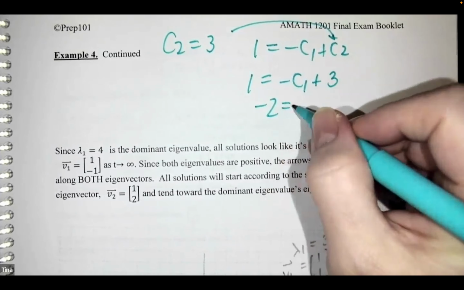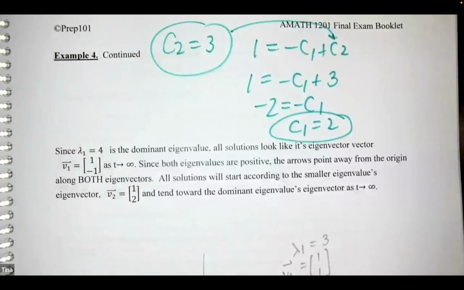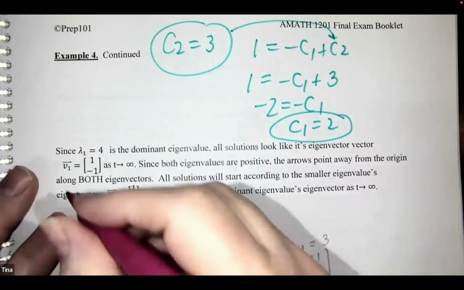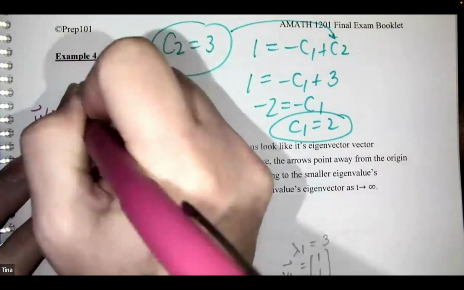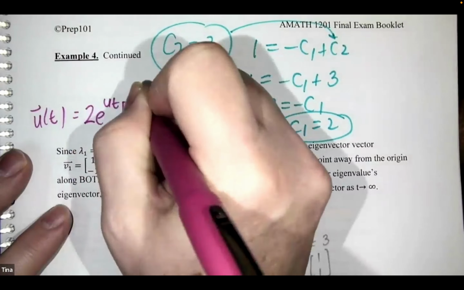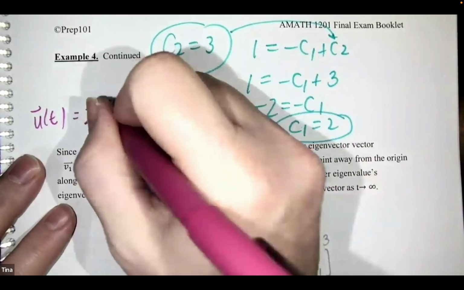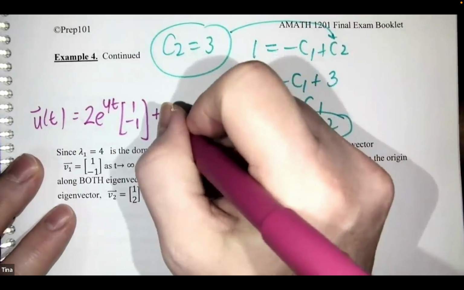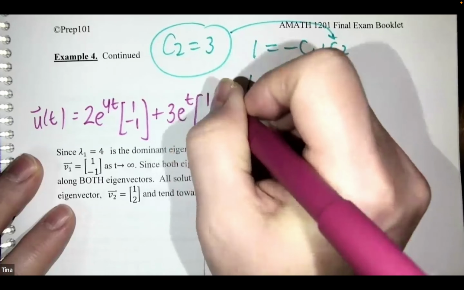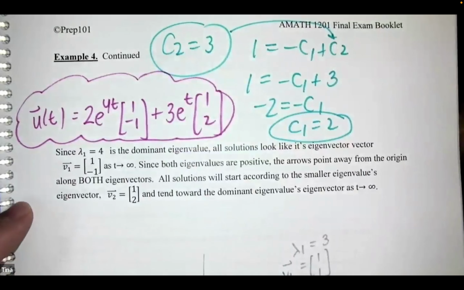So 1 minus 3 is negative 2, so C1 is 2. My solution for U of t is 2 e to the 4t times the eigenvector (1, negative 1), plus C2 is 3 e to the 1t times the eigenvector (1, 2).